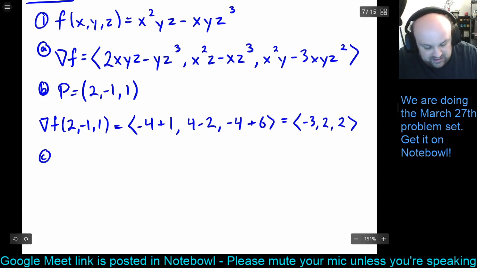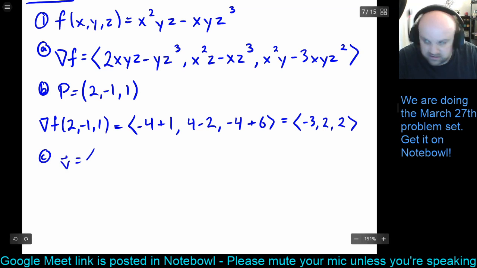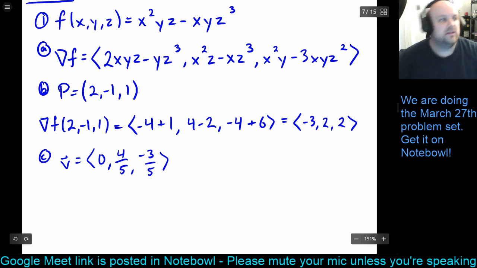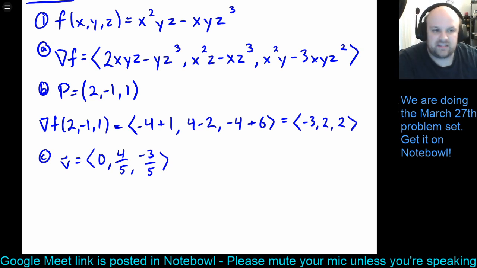So in part C here, we're asked to find the rate of change of f at this point in the direction of this vector v, which in this case is (0, 4/5, -3/5). Now, when we're doing directional derivatives, the most important thing to remember is we have to do the dot product with a unit vector when we want to know the rate of change of a function in a certain direction.